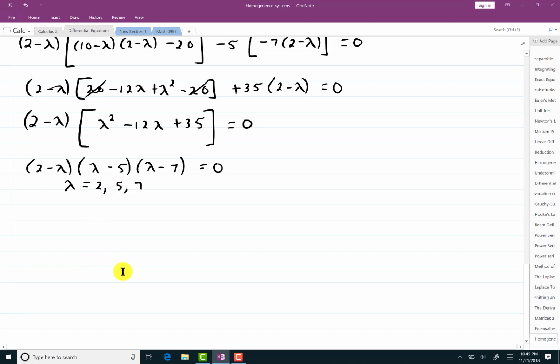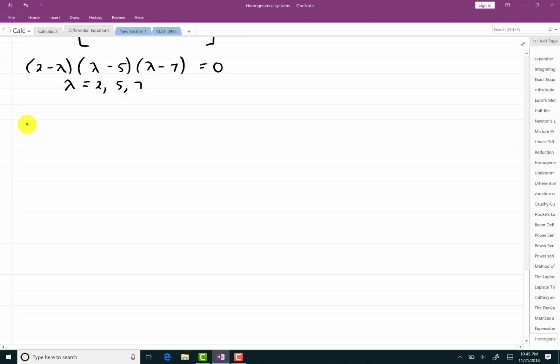So I'll start with my first lambda, which will be 2. And then let's take a look at the matrix. I had 2 minus 2, negative 7, 0, 5, 10 minus 2, 4, 0, 5, 2 minus 2.